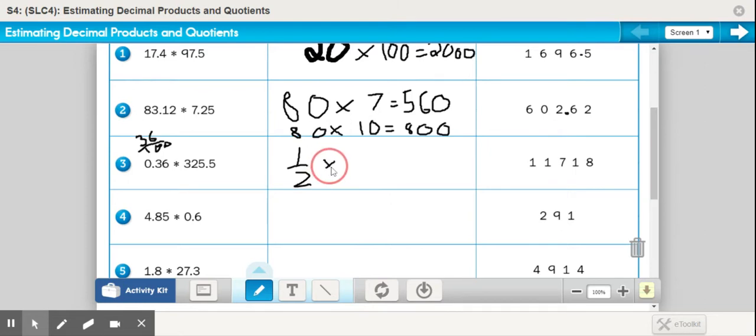Times 325 and 5/10. Well, let's go to the largest number here, the 300. The 2 tells the 3 to stay a 3. So it's just going to be 300.